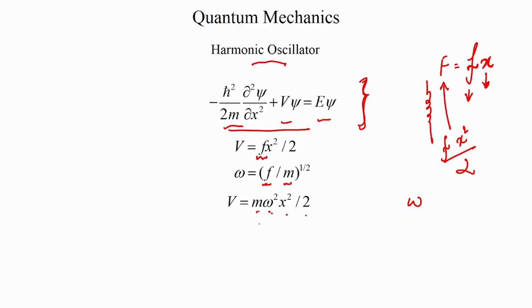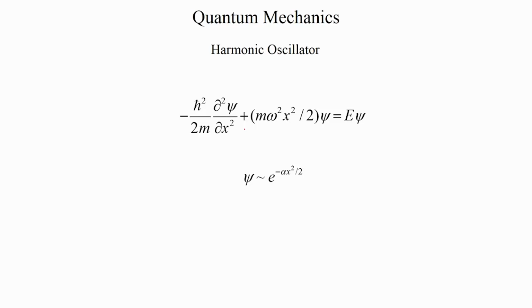So that's my potential energy term. Okay, so with this introduction, let's just use this term for the potential term in my harmonic oscillator. Okay, so that's Schrodinger's equation, and that is V. E is a constant, and that's the kinetic energy.